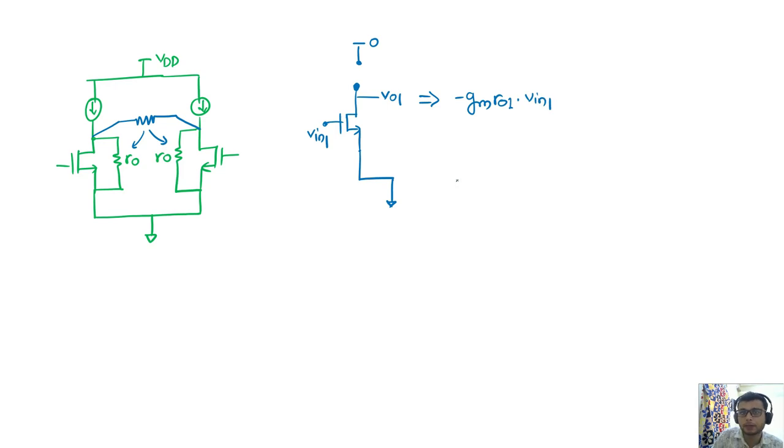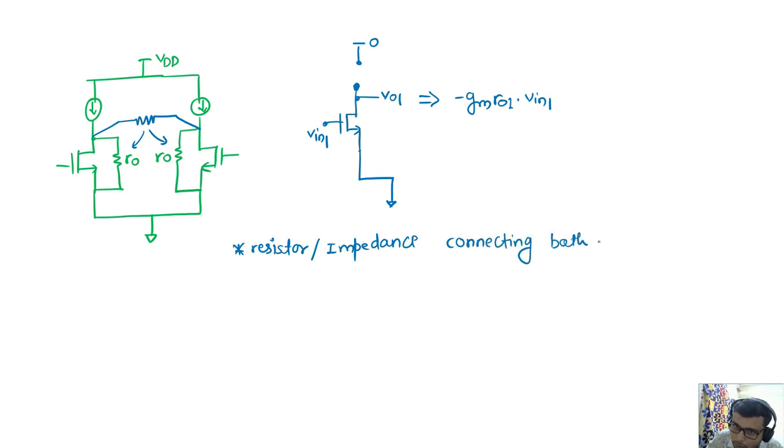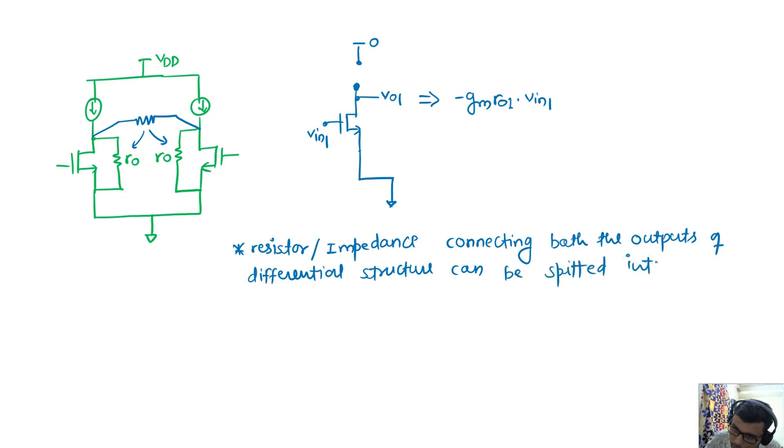That is simple. So the resistor present in between, we can say a resistor or any impedance connecting both the outputs of a differential structure, can be split into two halves, and they can be treated as such.